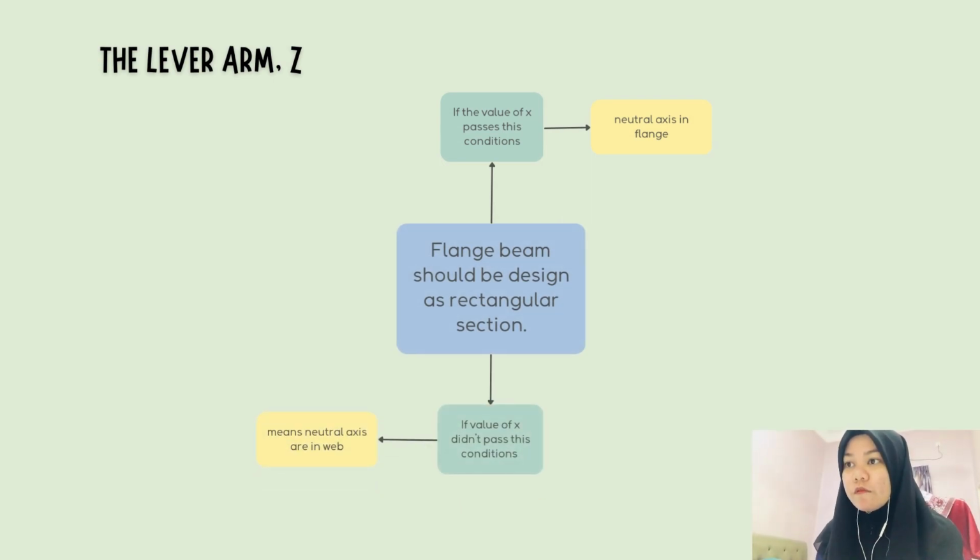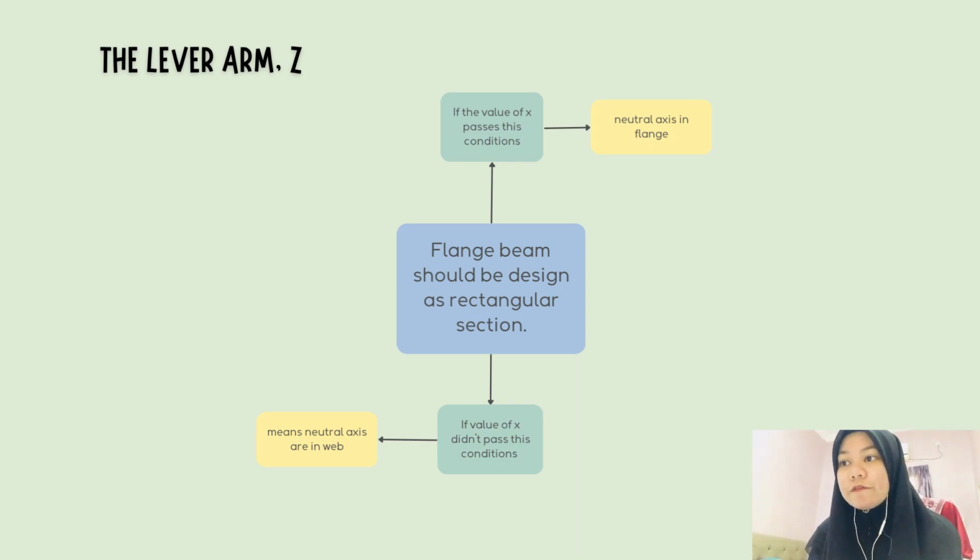If the value of x doesn't pass this condition, that means the neutral axis is in the web. So, calculate the moment capacity of the flange using those equations and the KF equation. If the value of KF is more than or equal to K prime, the area of reinforcement can be calculated using the As formula.